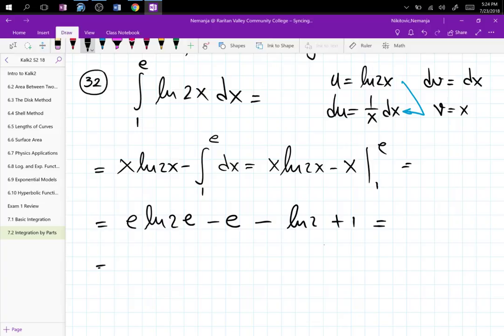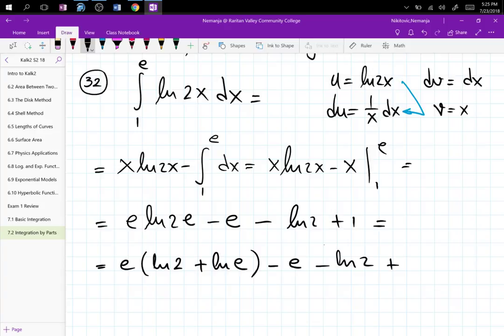So how much is ln of 2e? Well, as I said, this is ln 2 plus ln e, then minus e, minus ln 2 plus 1. So ln e is 1.